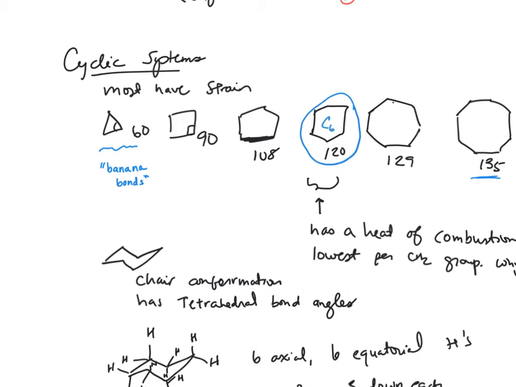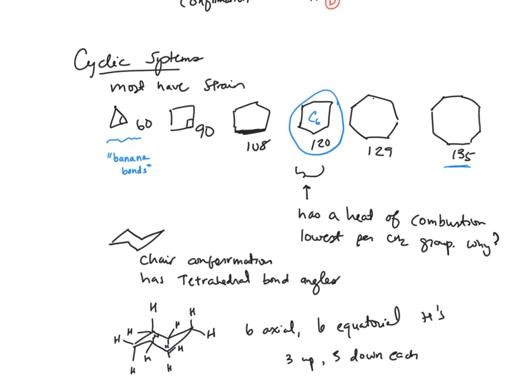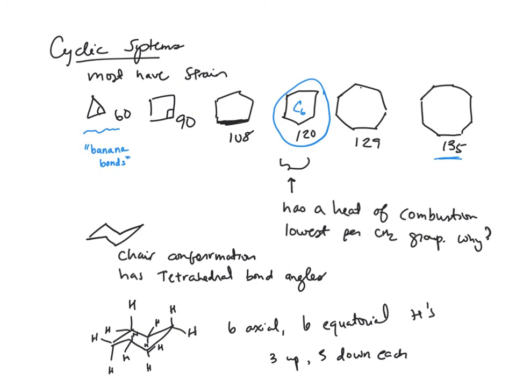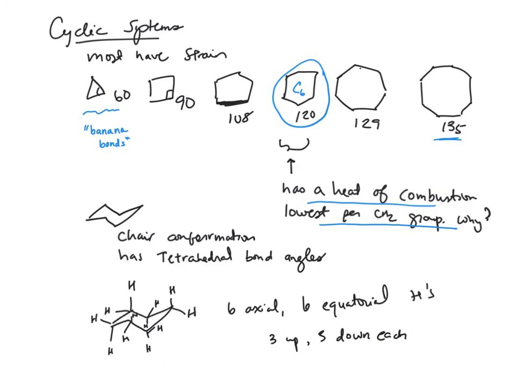Even though it has a bond angle of 120 degrees when it's written out planar, it has a unique heat of combustion in that it's the lowest heat of combustion per the methylene cyclic group. Why is that? Well, that's because it does not exist as planar. It exists in a chair conformation in which you have tetrahedral bond angles.